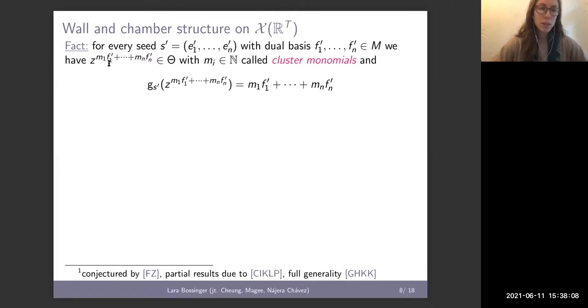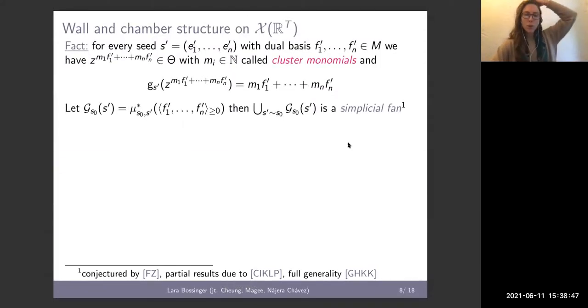And these monomials turn out to be part of the theta basis, and they are called cluster monomials. So these are monomials, honest monomials, not Laurent monomials, that are simply combinations of the cluster variables of one seed. And their g-vector, so the valuation, the tropical point associated to this very simple theta function, is simply the lattice point it corresponds to when I'm in that same seed, so expressed with respect to that same seed.